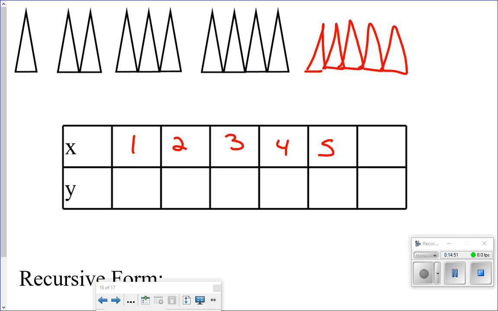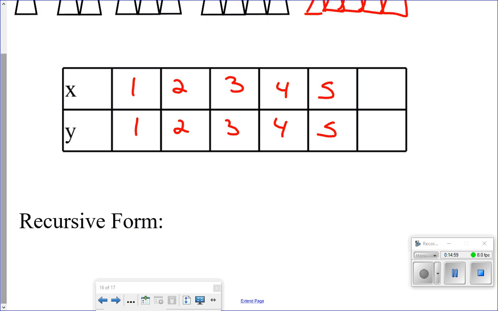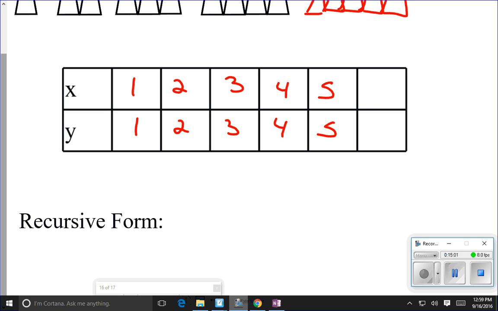And then we'll put down the number of triangles in each term. That's like this example they did.